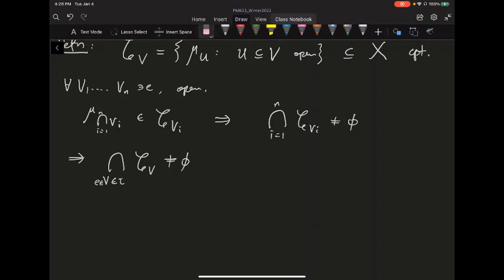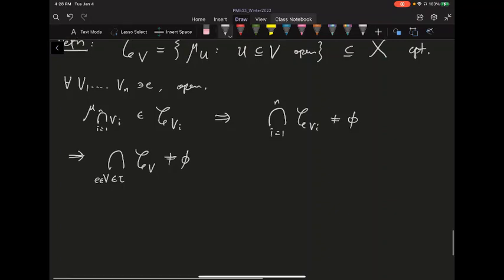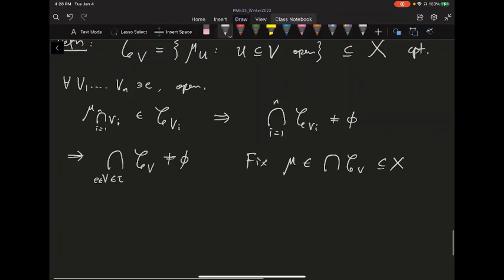So for now, let's just fix any of them. Let's fix mu inside this big intersection of C of V. Of course, this is contained in X, so this mu is an element in X. We can treat it as a function from K to the reals.